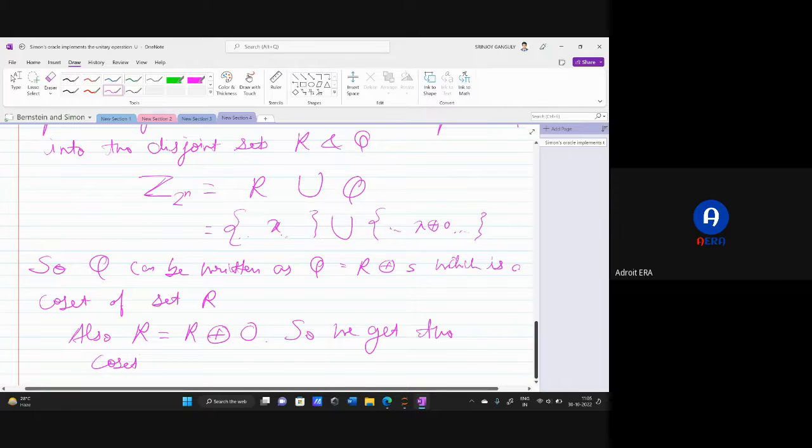Something similar is happening here, where you write Z_2^n periodicity as R union Q. Q is R XOR the period s, a complementary set of R, and R itself can be written as R XOR 0.